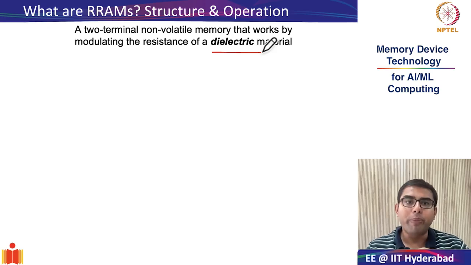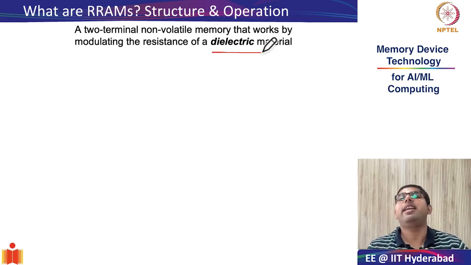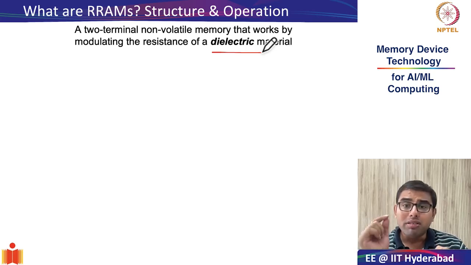Now, you may raise an objection here that even FE RAMs or PC RAMs also have a dielectric material, and the resistance of the dielectric material is what gets modulated. In PC RAMs, you have GST, which is like a dielectric material, and you keep changing it from amorphous phase to crystalline phase. But remember, in PC RAMs and in FE RAMs, this dielectric material has certain special qualities. Like in FE RAMs, it's a ferroelectric.